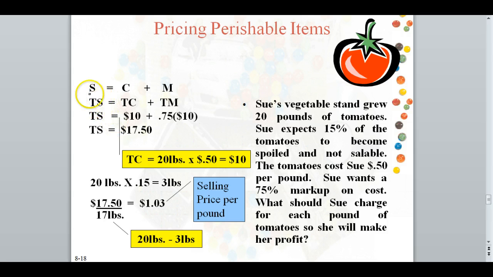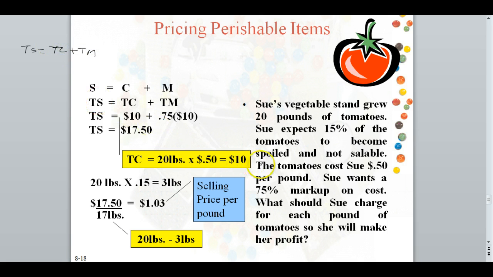So we need to know the total selling price. The difference here is we have not just one unit, but 20 units that we need to work with. So we need to find the total selling price, total cost, and total markup. The total selling price equals our total cost plus our total markup.